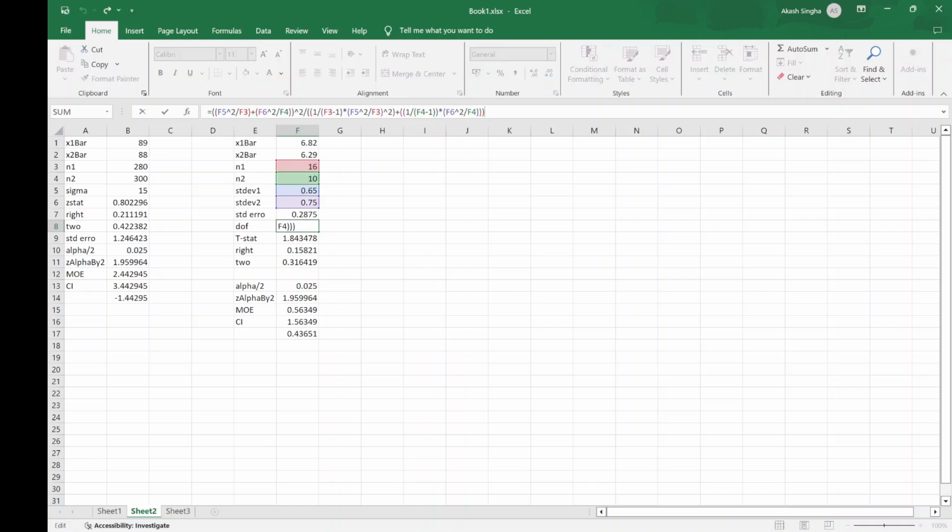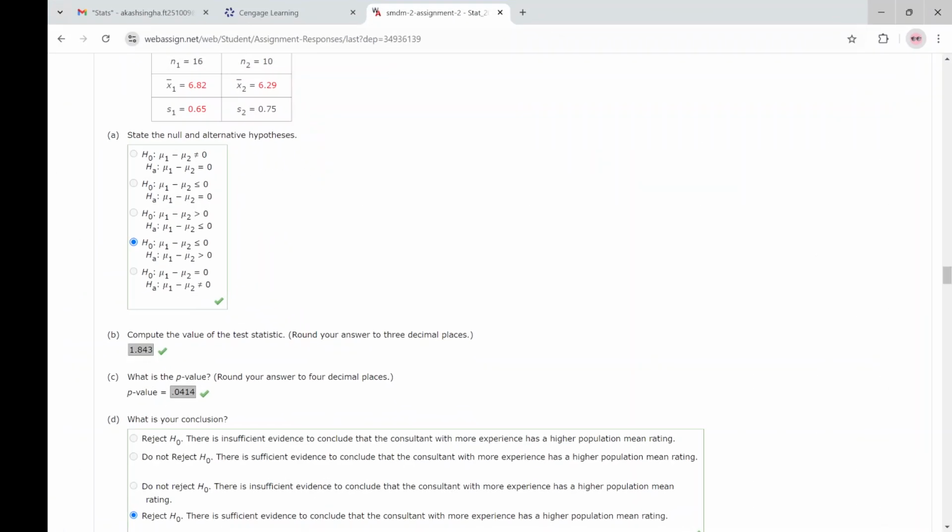Just check once again. Just put the correct formulas and it will come right. Okay, 0.0414. The statistic is the same.